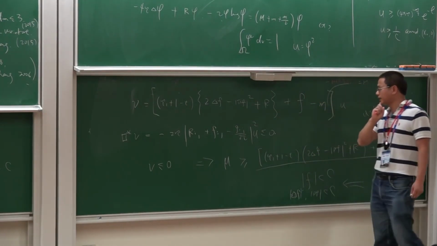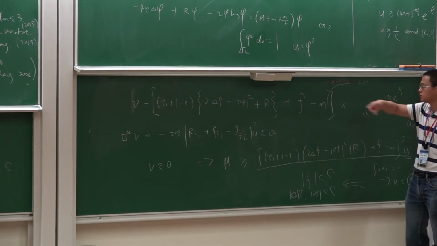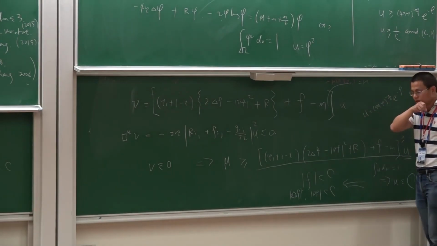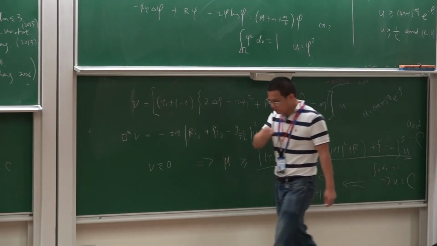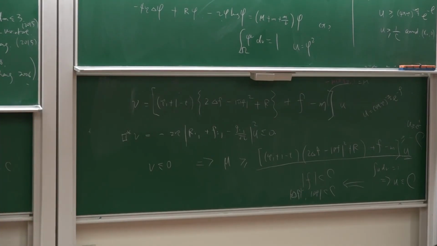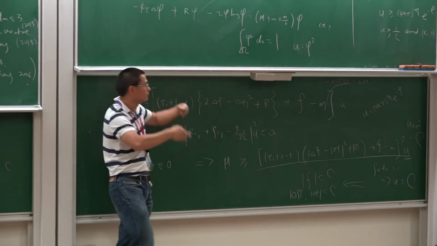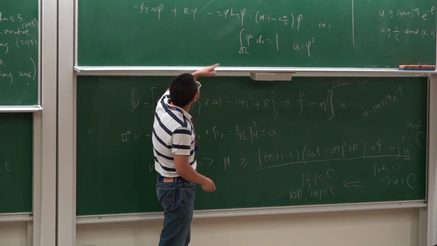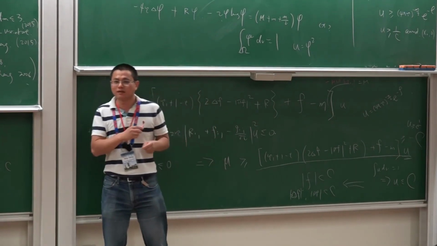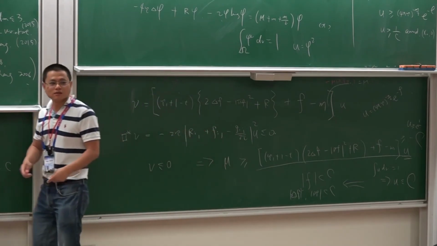For example, I use the estimate which is inspired by the work of Professor Tian and Zhang and Chen Jieyu. They use this heat kernel estimate around the boundary. So there are some regularity issues around the boundary of omega. You need to use the heat kernel estimate around there. So that makes this formal argument rigorous.